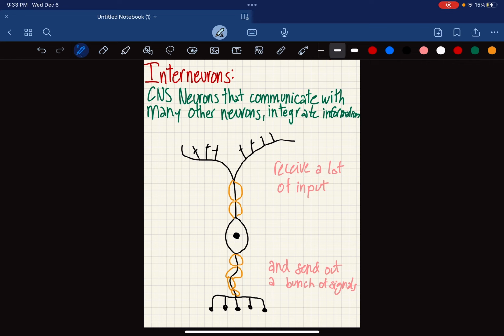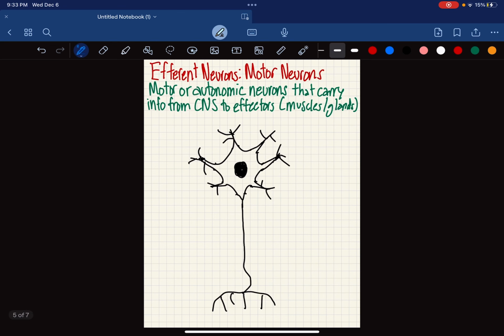And last but not least, we have the efferent neurons, also known as motor neurons, and what they are motor or autonomic neurons that carry info from the CNS to effectors. And effectors are just things that are getting affected, such as muscles or glands.